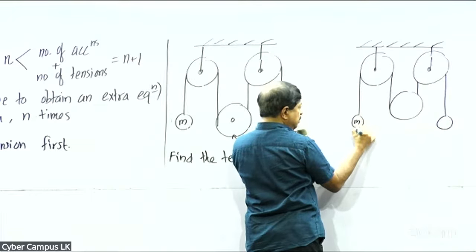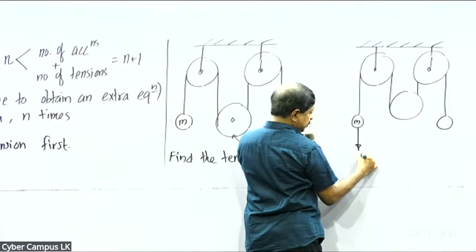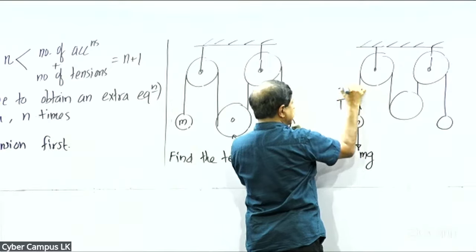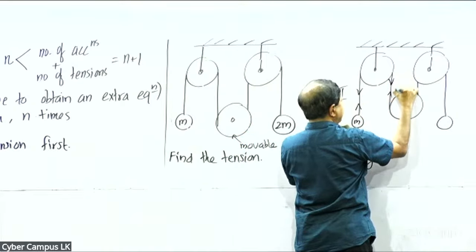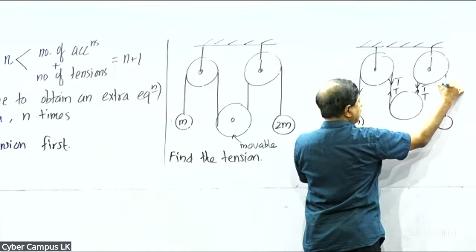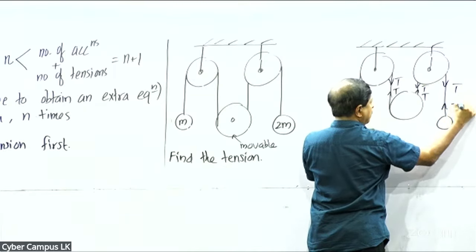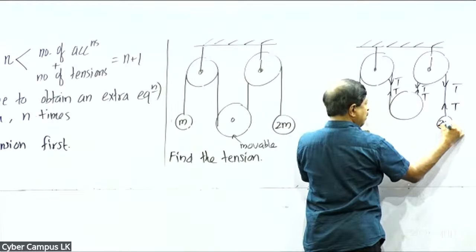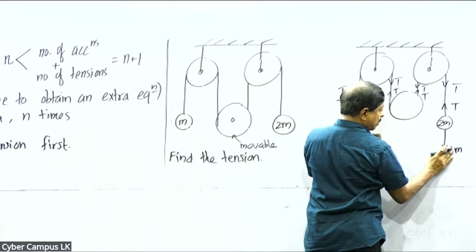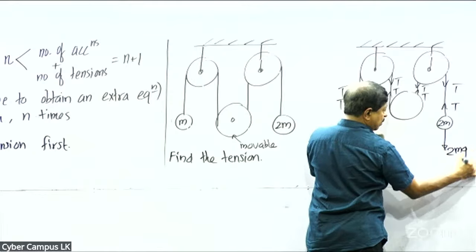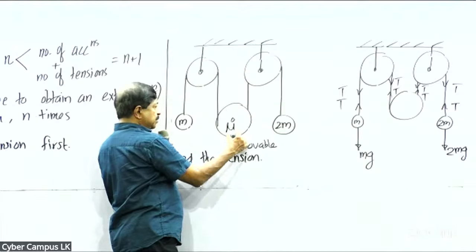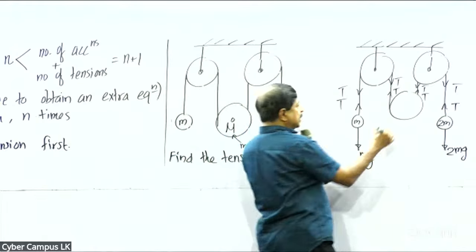Now this is M. So this is mg, we can take the tension as T. I forgot to mention the mass of this. Let that be capital M.